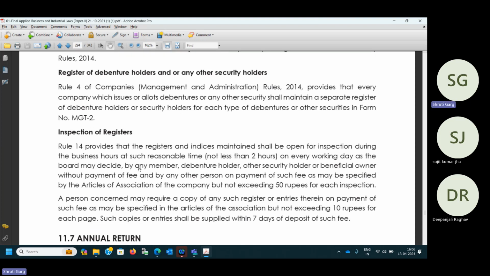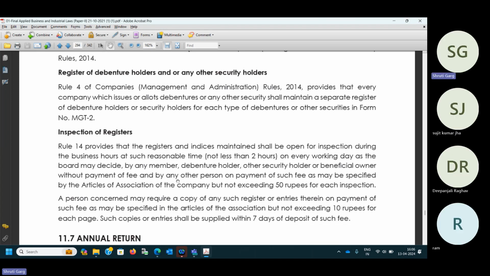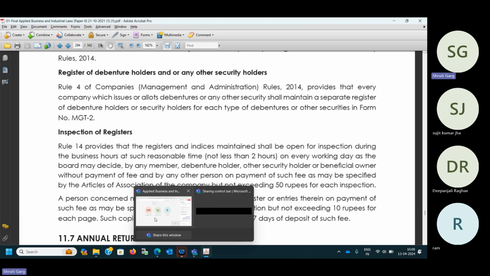See, if a member, debenture holder, other security holder or beneficial owner does the inspection, it is without payment of fees, but if the inspection is done by any other person, then payment is applicable, not exceeding 50 rupees for each inspection, as may be specified by the articles of association of the company. Clear?